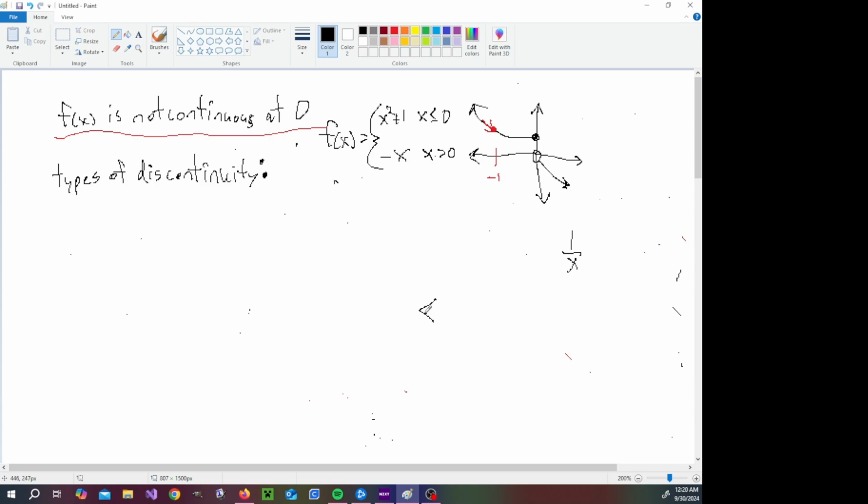So when I graph 1 over x, on the left side, I look like that, and on the right side, I look like this, right? So neither function is actually going to be continuous at 0, right? If I try and do limit as x goes to 0 of my function 1 over x, right?